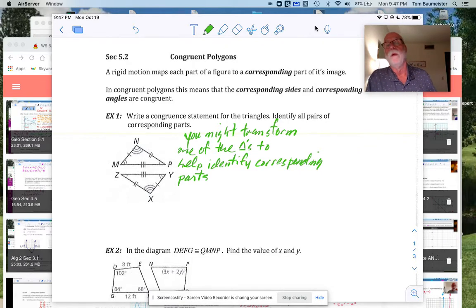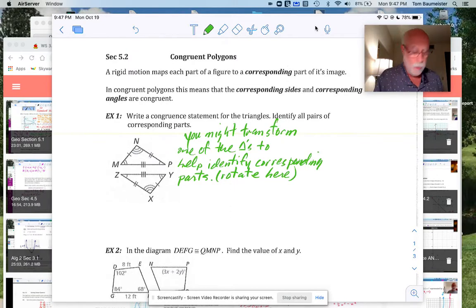Remember, that could be a rotation, that could be a reflection, or that could be a translation. On this one here, I'm going to tell you we're going to rotate.